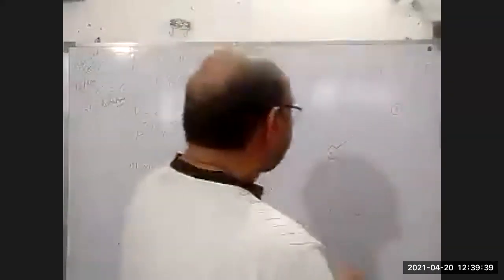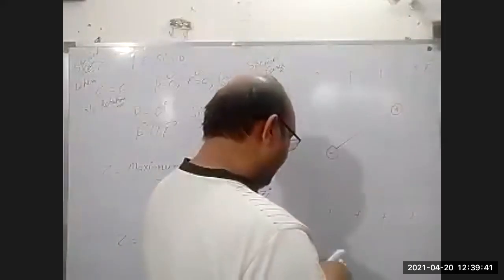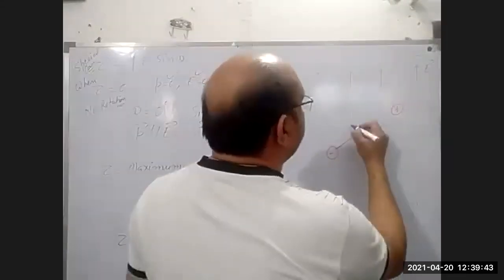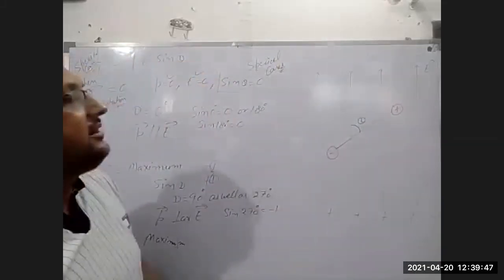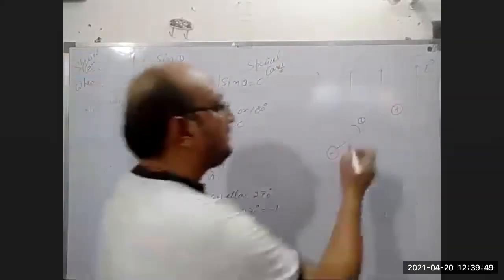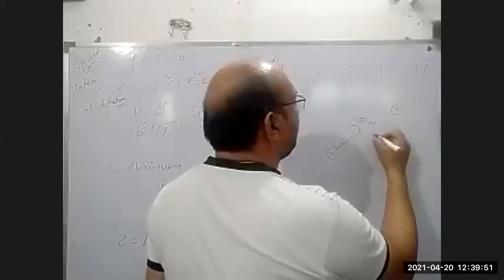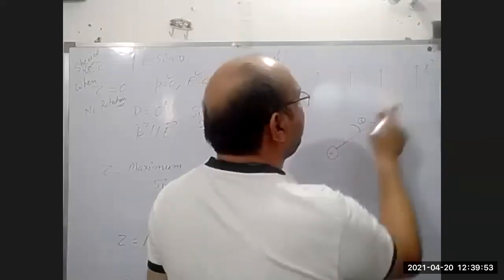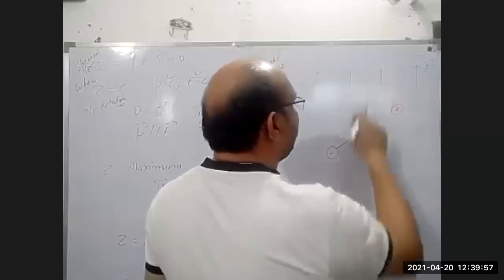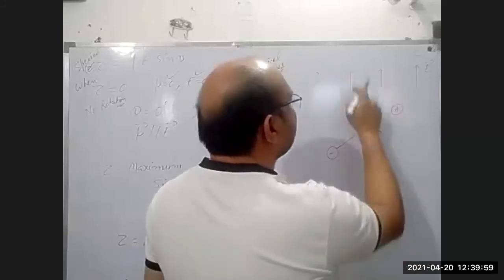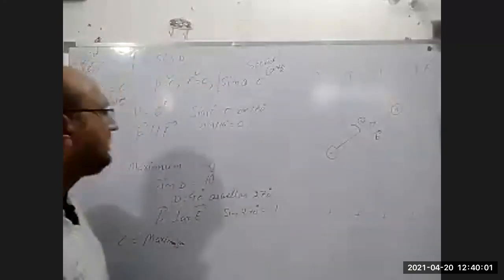This angle is theta. You know very well, this is the dipole moment P, this is E, and theta is the angle between these.